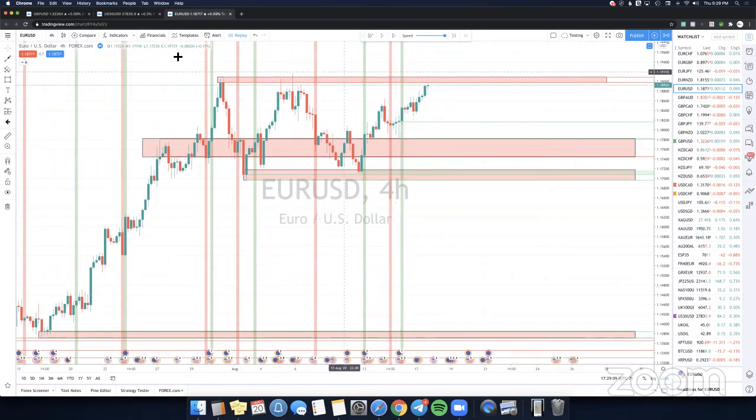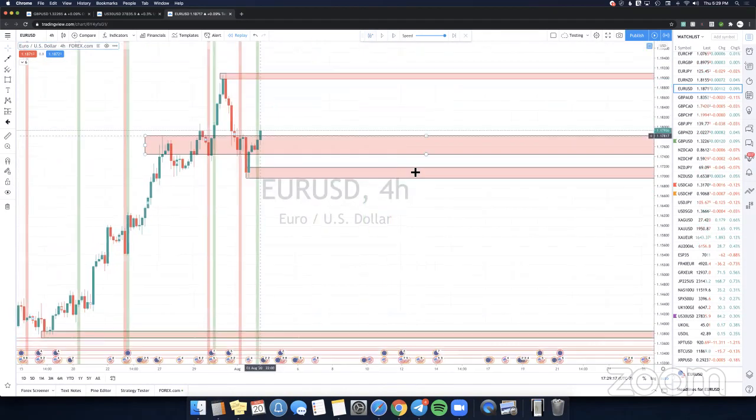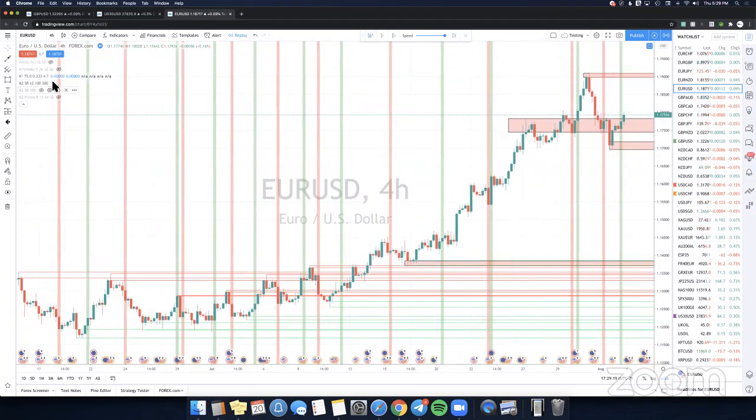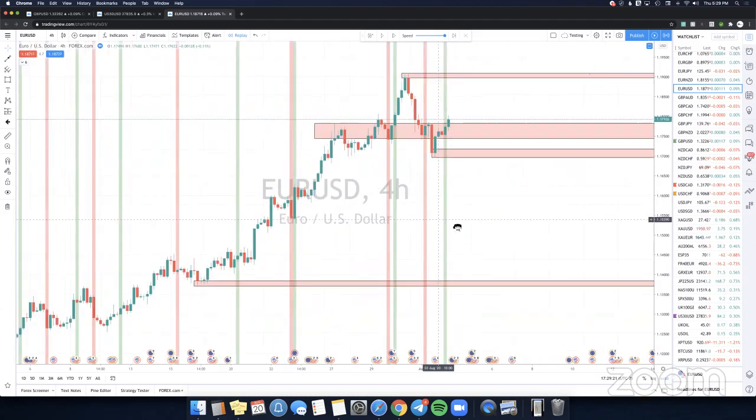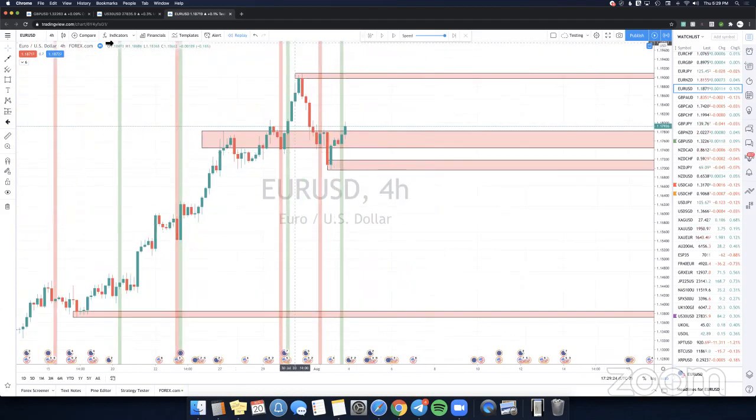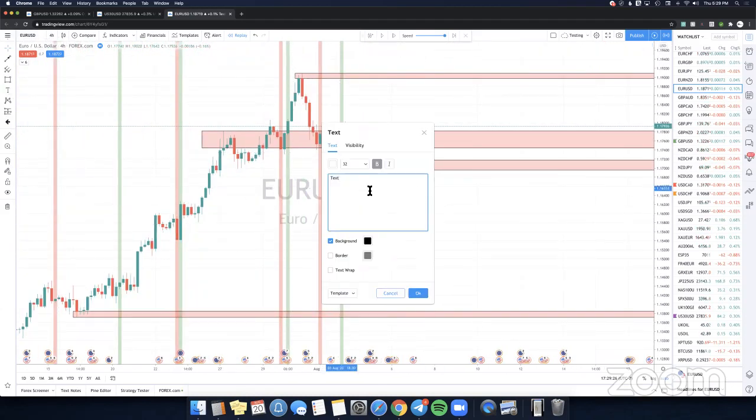All right, so right here, I'll just rewind to like this candle right here. And then I'll close these pivots, and then I'll show you how the strategy works. So this is going to be the K2 SR zone trading strategy.